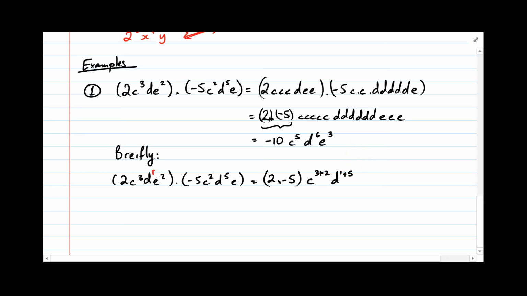So I would have 1 plus 5, and then continuing E to the 2nd, and in a similar way, this is to the 1st power, so plus 1. And we come to the same answer, but much faster.